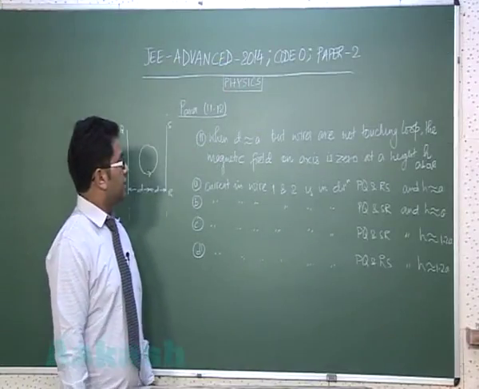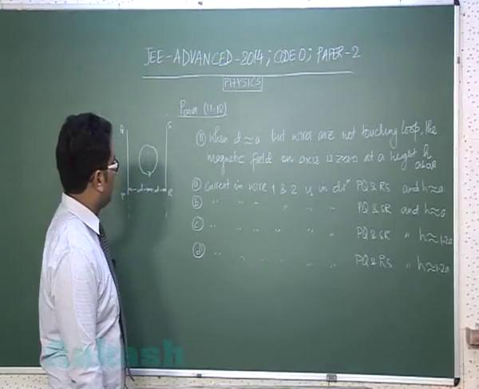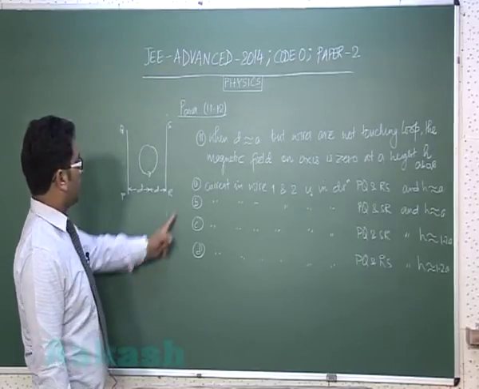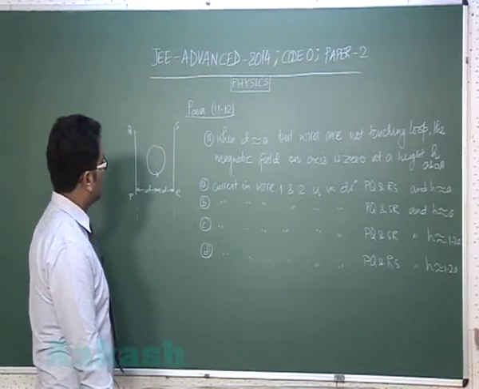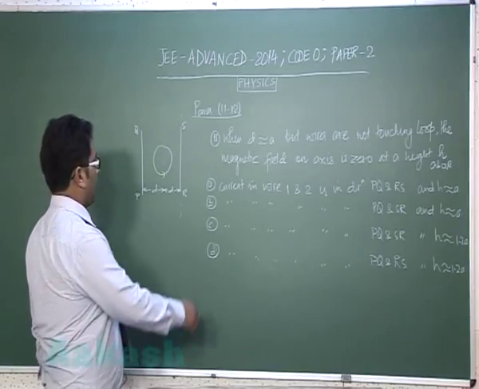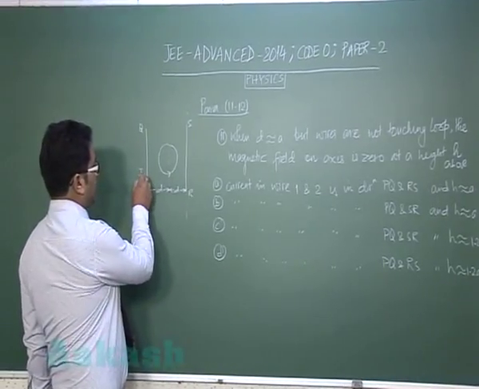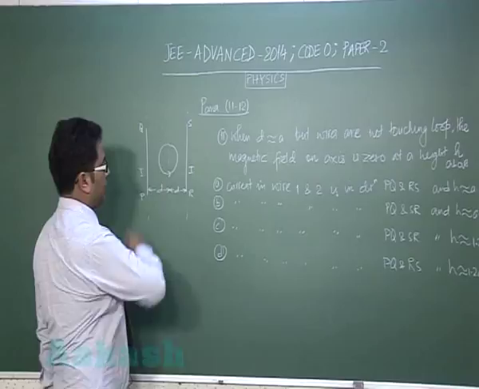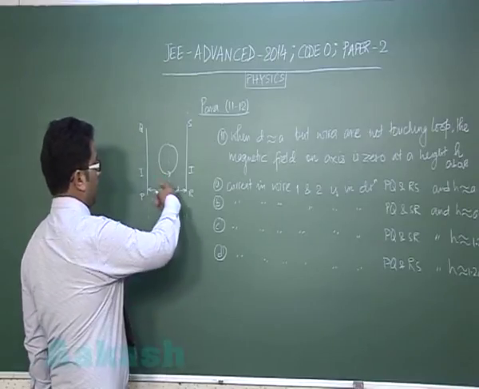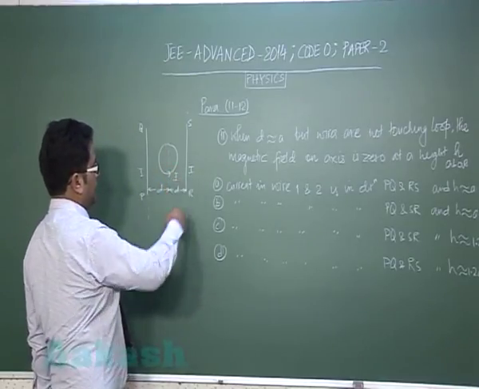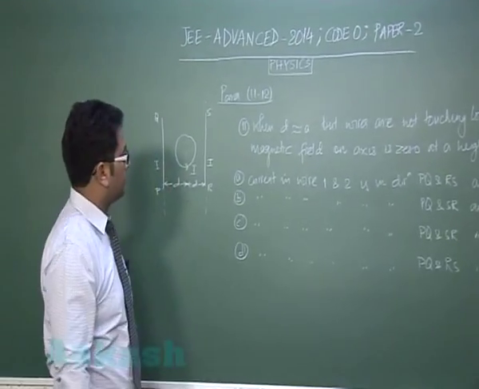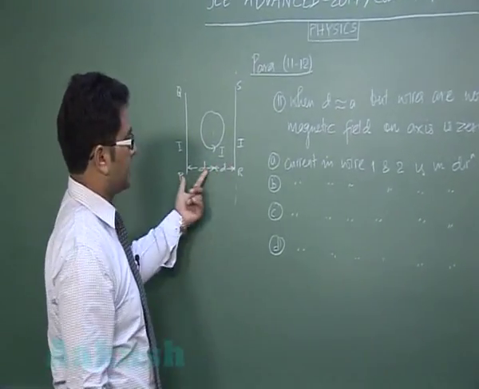This is quite a good question, question number 11 and 12. PQ and RS are two long current carrying wires, and these two will carry current I and I. The direction has not been given. And this one carries current I as seen anti-clockwise from the top, and the distances are given.